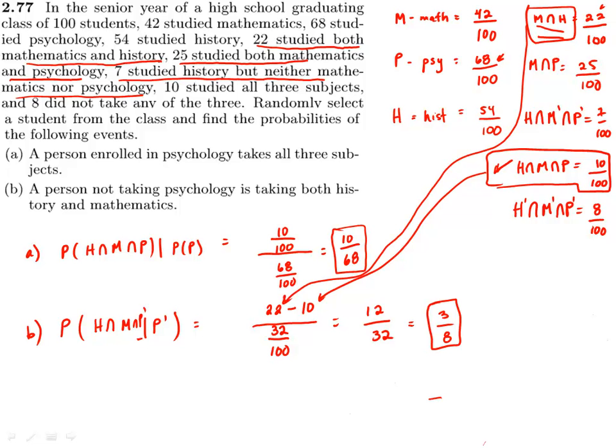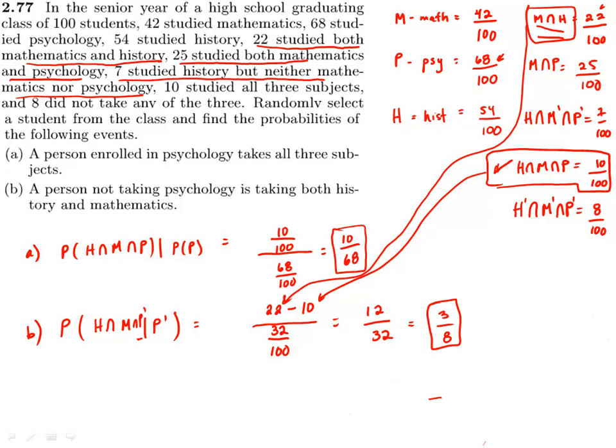So the question is, and we know this is sample space, and let's call this math, history, and psychology. Okay, so let's focus on the numerator first. The intersection of math and history is this area. Right? That's the intersection.